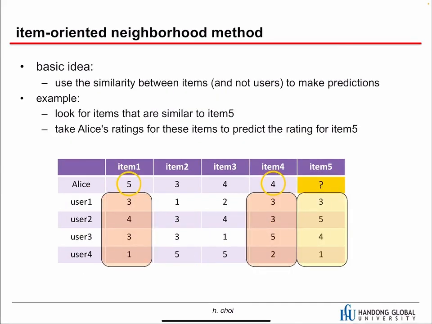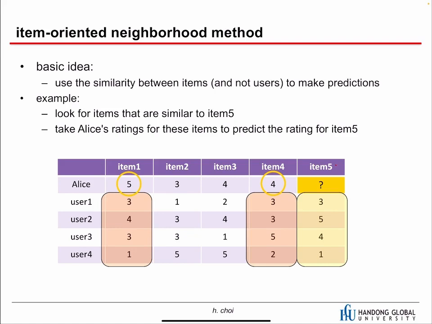And in the previous slide, we used the user-oriented neighborhood method, but sometimes the item-oriented neighborhood method will be easier. Okay, so the basic idea is to use the similarity between the items, not users, to make predictions. So look for items that are similar to item 5.